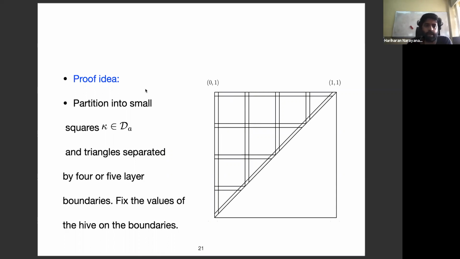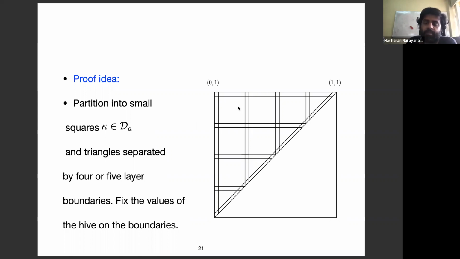So we're going to partition into small squares. We're going to have actually 4 or 5 layer boundaries, although in the picture I've drawn double layer boundaries. Why is this? What we want to do is fix the values on the boundary and then look at random hives conditional on these boundary conditions.